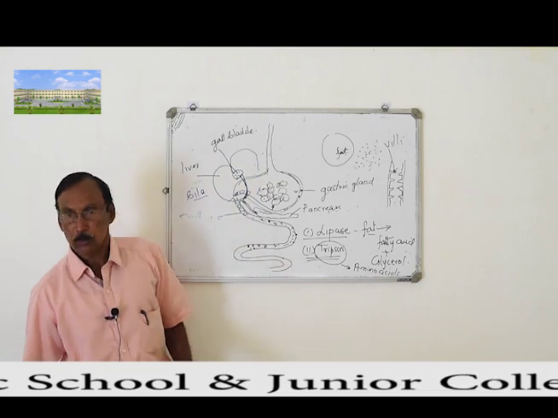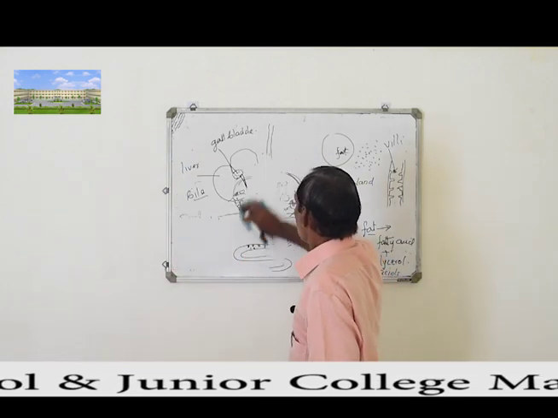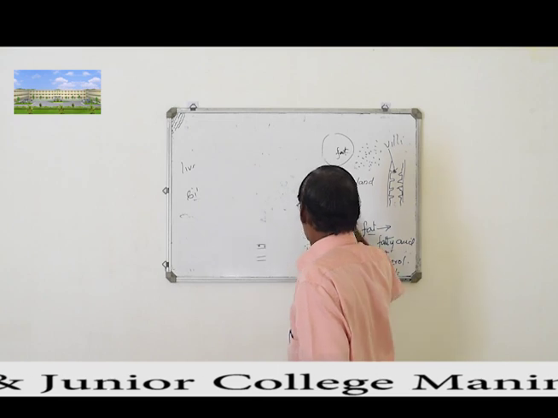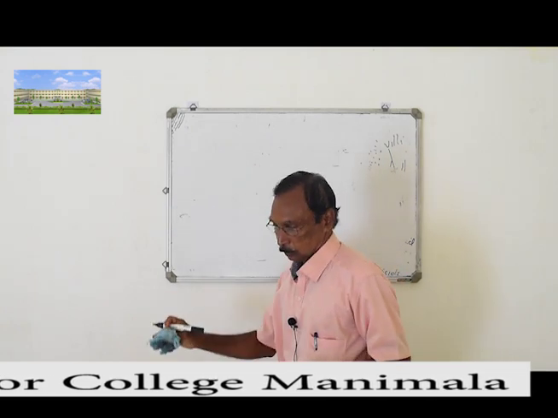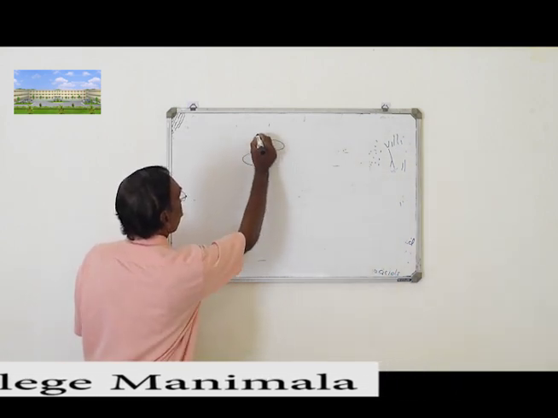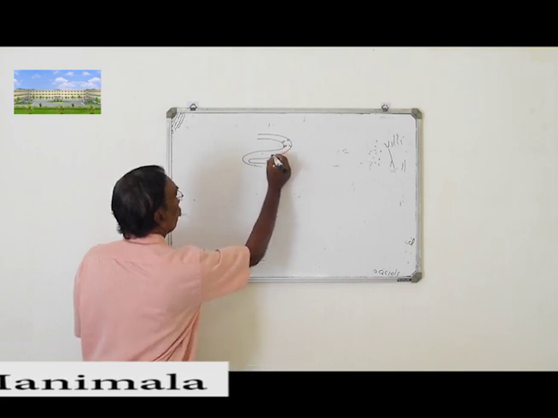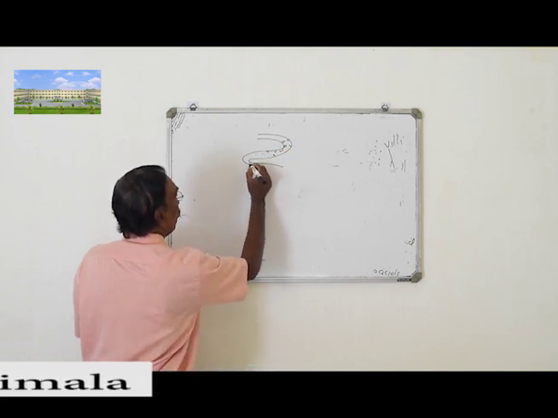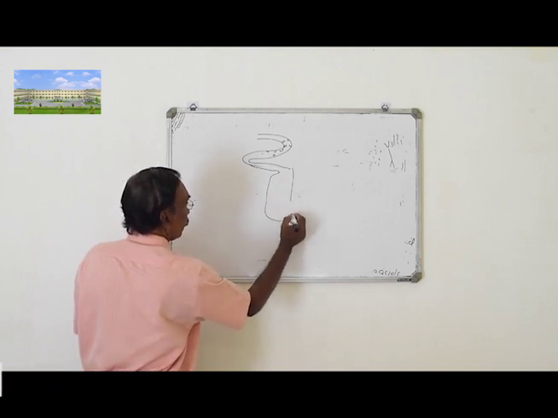The last part of the alimentary canal is the large intestine. Now the small intestine is coming, with lots of villi where all the food is absorbed. Now it is connected with the large intestine.